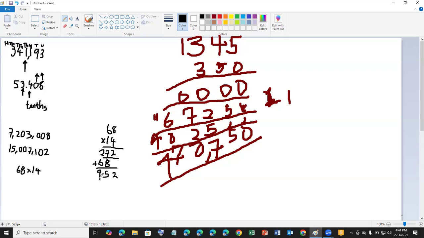No, let me tell you what you would have done. You see that 350? You would have saved yourself that line that says 0000. You would have used that time to focus on the other ones, because we know that at the end of the day, 0 will be at the end because of that 10. Do you understand? So yes, you are correct. 470,750. Very, very correct. Well done.